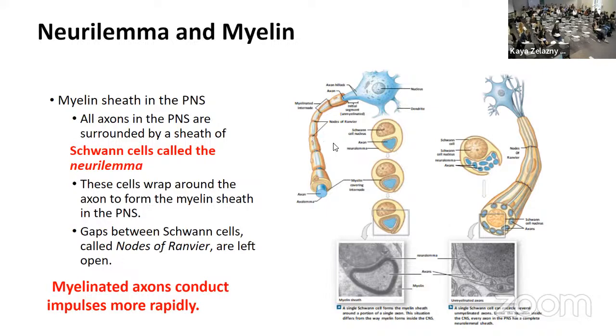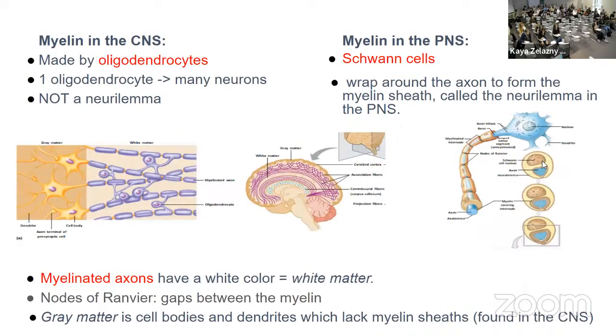It's characteristic of the peripheral nervous system and these Schwann cells. We don't see it in the central nervous system where the oligodendrocytes are making them. So, gaps, nodes of Ranvier, speeding stuff up.